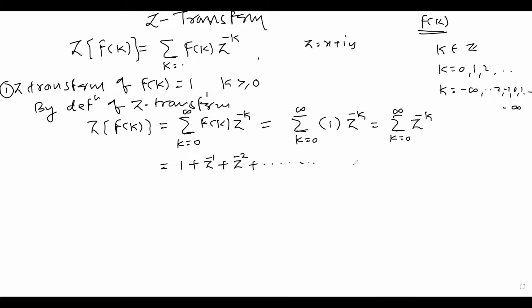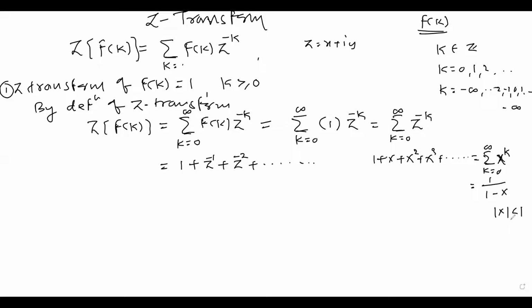Now here we have the formula: 1 plus x plus x squared plus x raised to 3 and so on is equal to the summation of x raised to k, k running from 0 to infinity. It can be written as 1 upon 1 minus x, and this series is convergent if mod x is less than 1.